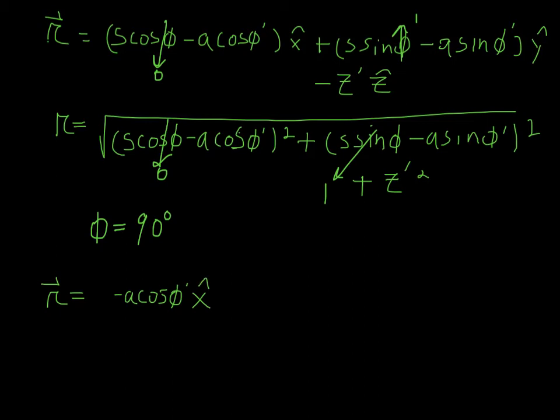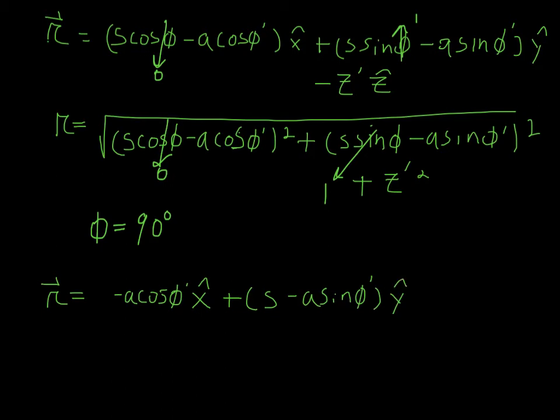And then I can't forget my s, so on my y component, plus quantity, it's going to be s minus a sine phi prime. Okay, that's the y component.